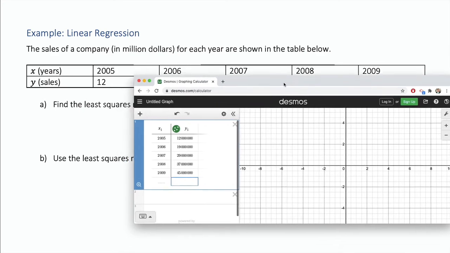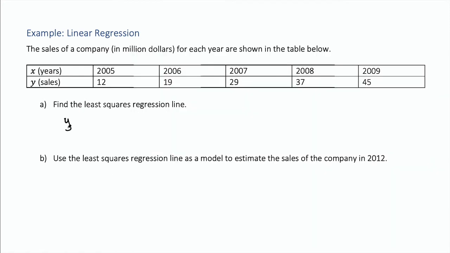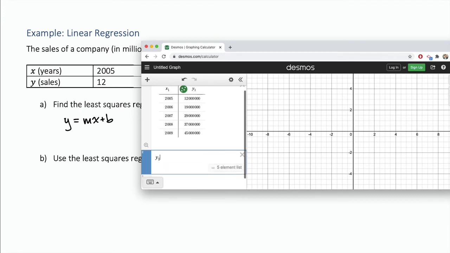Now, in Desmos, the way that we do the least squares regression line is we know that the general form of a line is y equals mx plus b. We're going to do that here, but first of all, notice this is y1 and x1. So we type y, and if you just type 1 in Desmos, it puts it as a subscript.